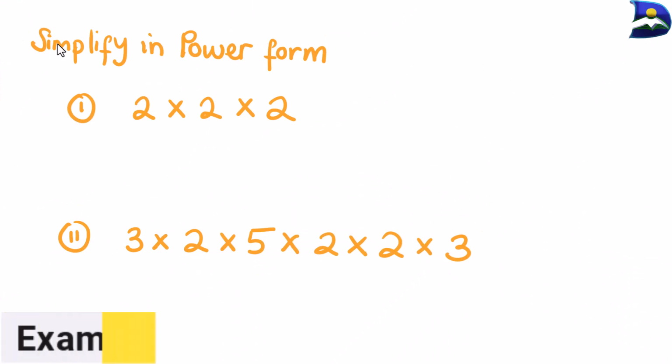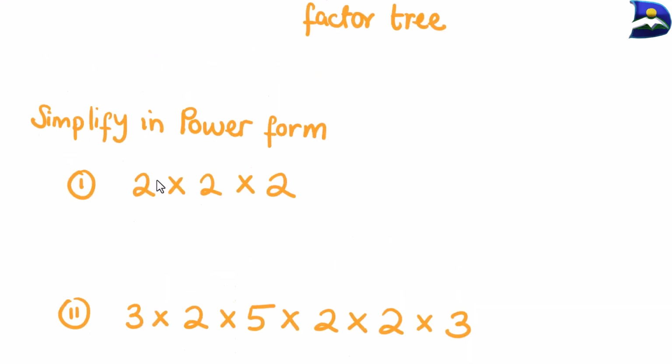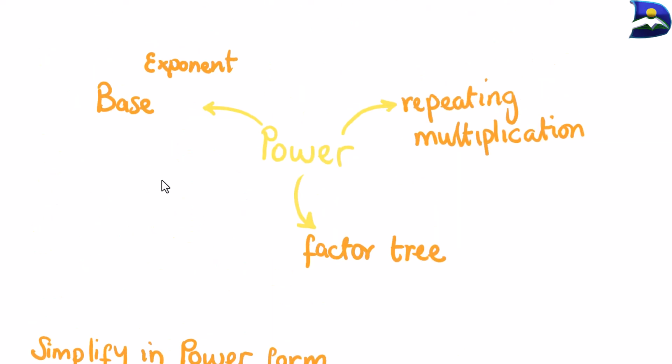Now, given this question that says you should simplify in power form, we have 2 multiplied by 2 multiplied by 2, and the second question gives you 3 multiplied by 2 multiplied by 5 multiplied by 2 times 2 times 3. So I want you to pause this video and try and set up these particular questions in this form, where you have a base and an exponent at the top right corner of the base.